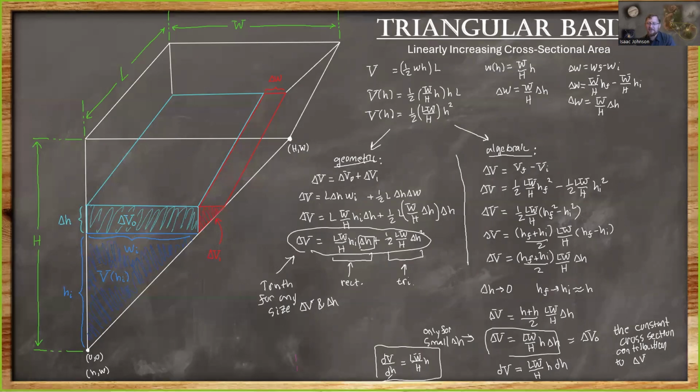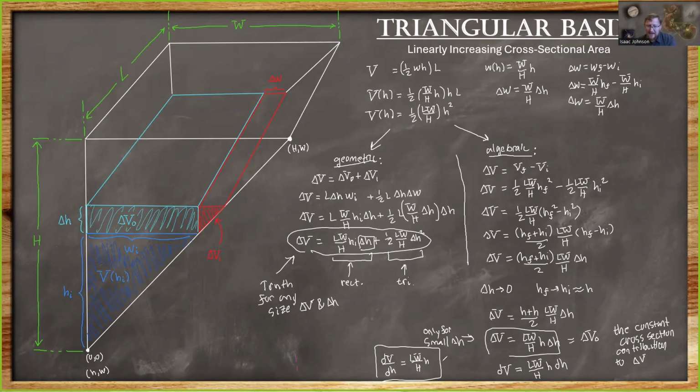This is what we call the first derivative, and it's related to the first difference in the sense that when you squeeze the first difference low enough, get that delta H tiny, you get the first derivative. And it simply tells you how volume changes as you change height at an instant, at one point. And in this case, it's only dependent on what height you're at. Because this is a case where the cross section is increasing linearly, right?